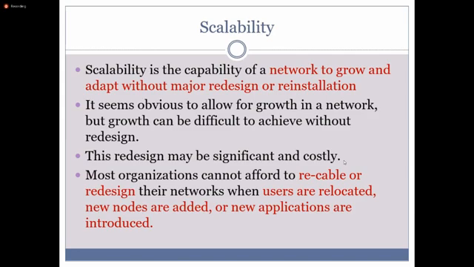Most organizations cannot afford to recable or redesign the network when users are relocated, new nodes are added, or new applications are introduced. Due to the COVID situation, prices are going up very quickly.